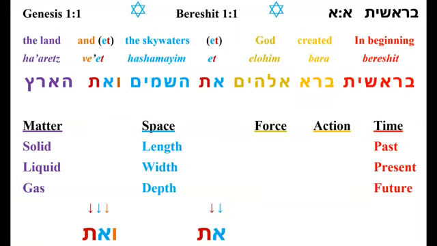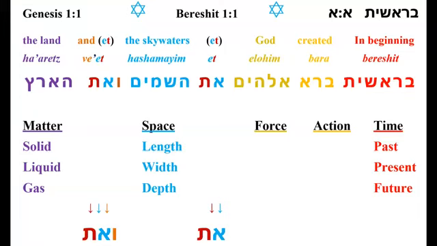And you're going to see that was a huge mistake. Then we have the space, which is Hashemayim, and we have the matter, which is Haaretz. So you've got the five elements that you need: time, space, matter, force, and action, all in the 7 words of Genesis 1:1. And you only have 2 words left over. You have an et and you have a va'et.